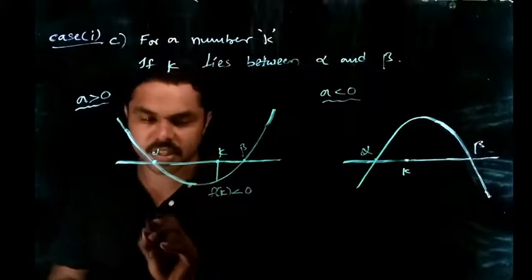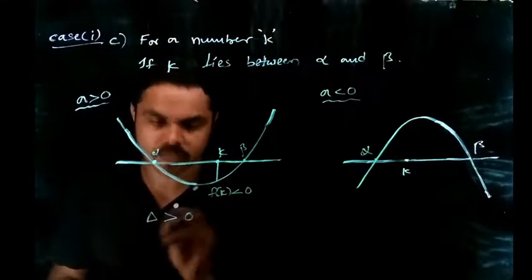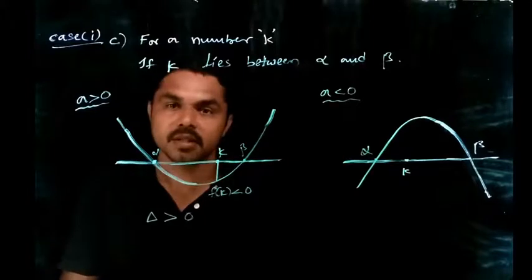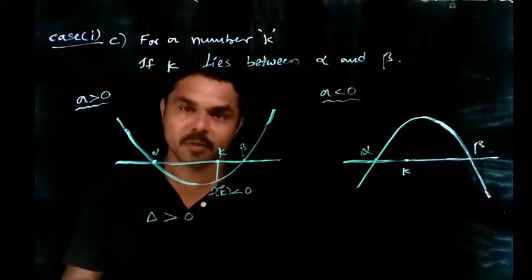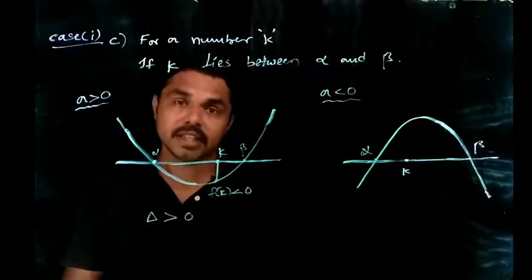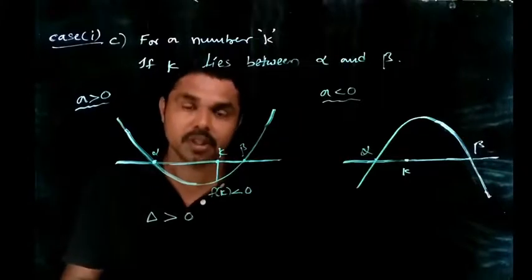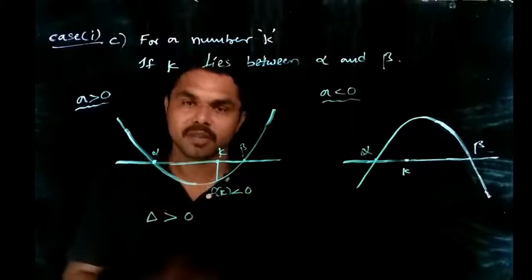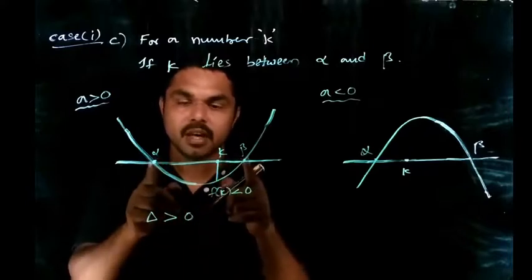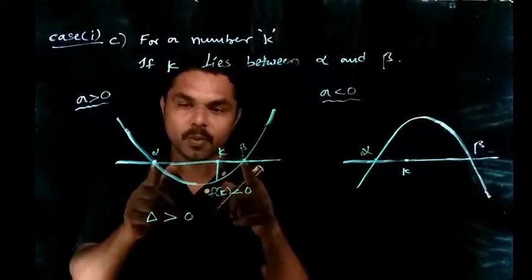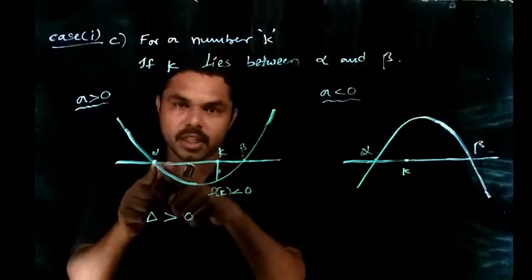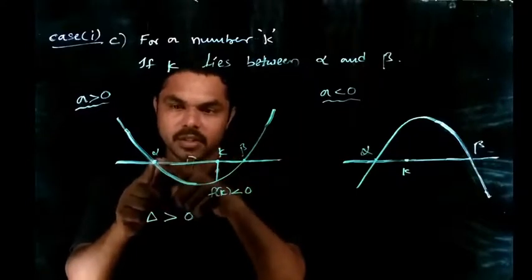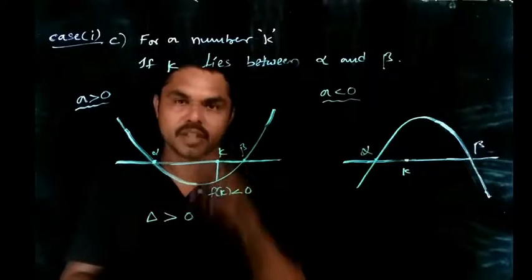The first condition here is delta greater than 0 only. But in the previous 2 points, we took delta greater than or equal to 0. Here, just delta greater than 0, because if you take delta greater than or equal to 0, that means two roots are equal. So if you just imagine alpha and beta are equal, these 2 points coincide. So beta reaches alpha and that will become 1 point.